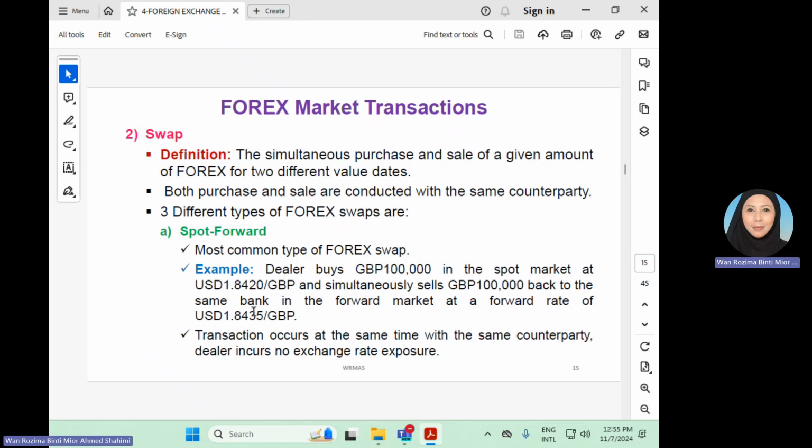So at the price of USD 1.8420 against British pound, can you determine how much USD we need that is equivalent to British pound 100k? Is it 100k? Yes, it is.